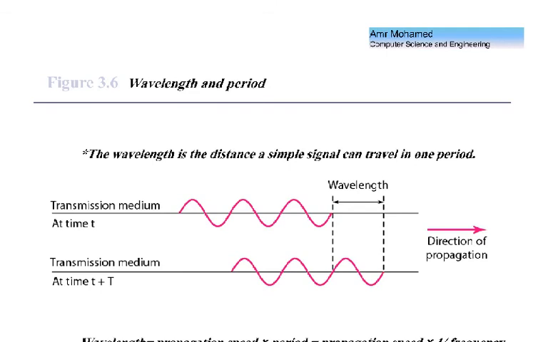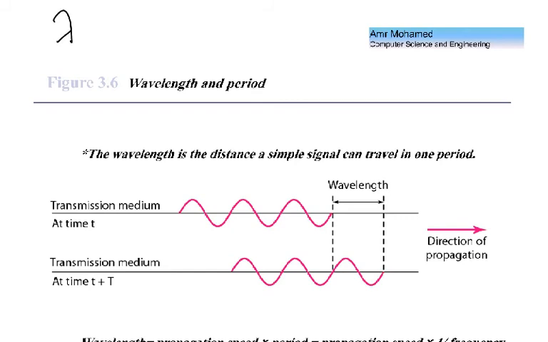But in an actual medium, the speed is slightly less than the speed of light. So basically, we usually use the symbol lambda for the wavelength.